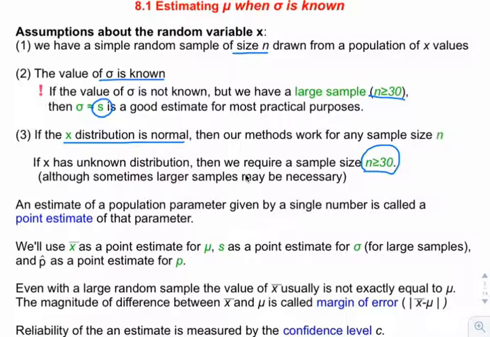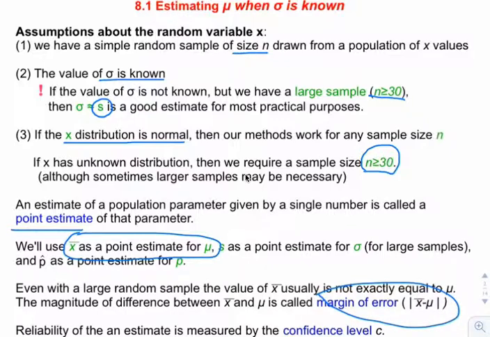What are we going to be doing with that? Well, we're trying to estimate the mean, the population parameter, and we're going to have our first guess at it. Our first guess is what we call the point estimate. For us, we're going to use X bar. It's usually a pretty good start, but it's not going to be exactly the same.